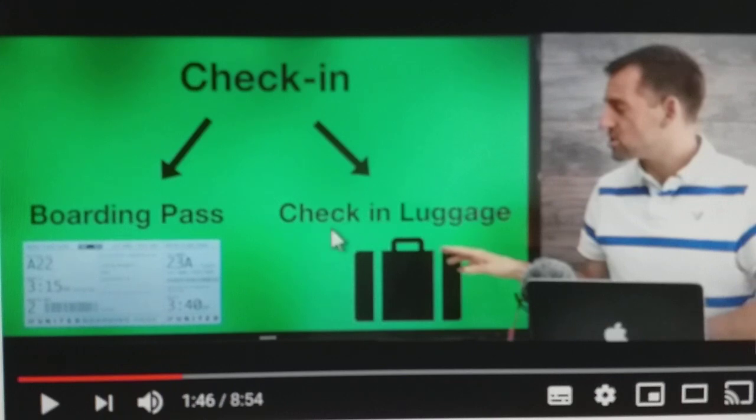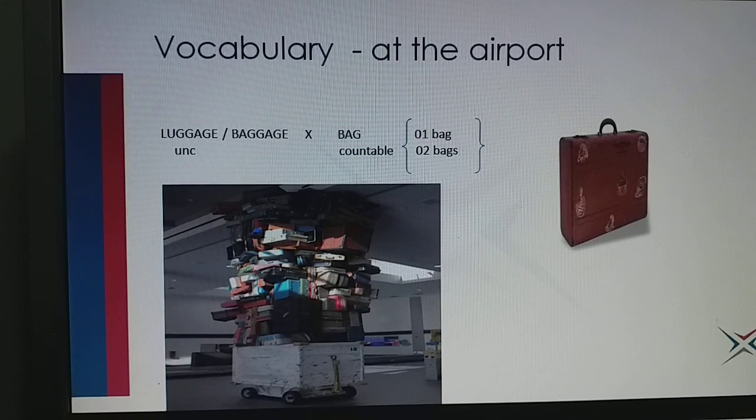So let's take a look at this word. Luggage or baggage is uncountable. Bag is countable. So bag means uma mala, or bag or a suitcase. So you can say one bag, two bags.